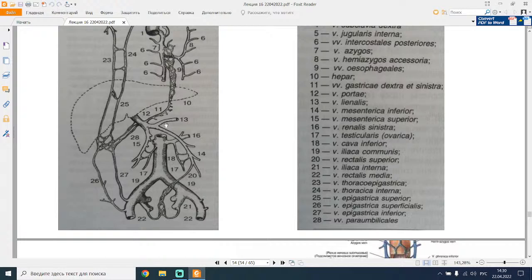Anastomosis between vena porta hepatis and vena cava inferior.